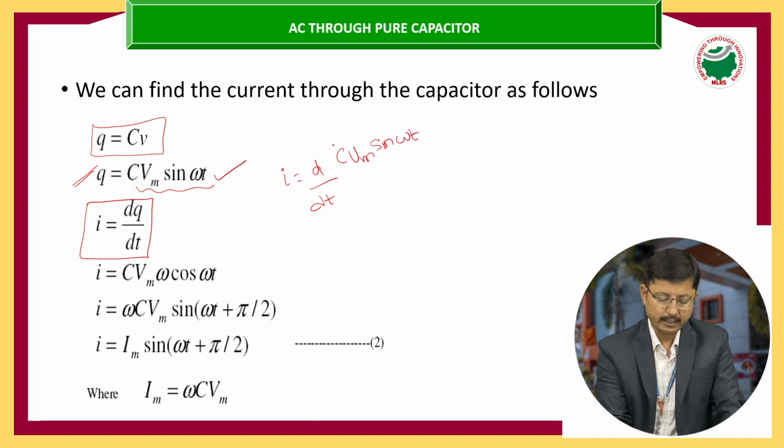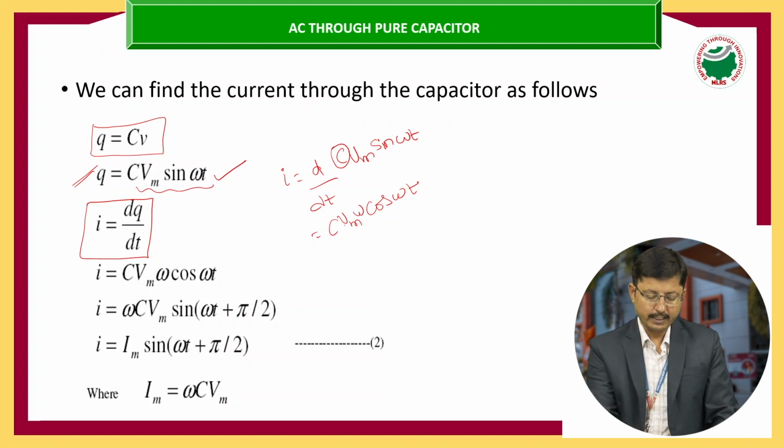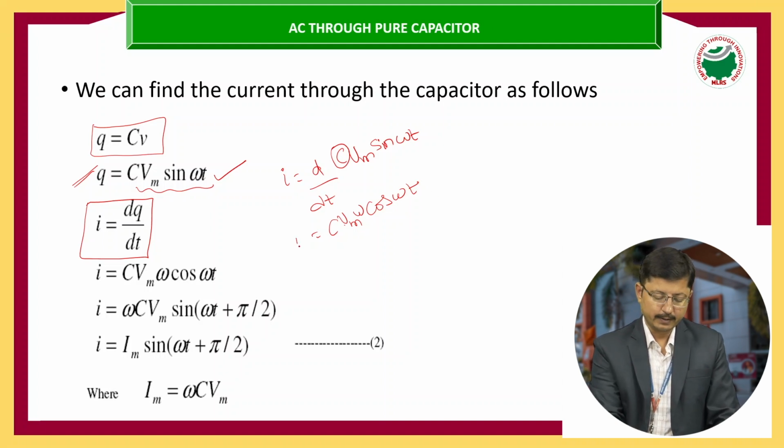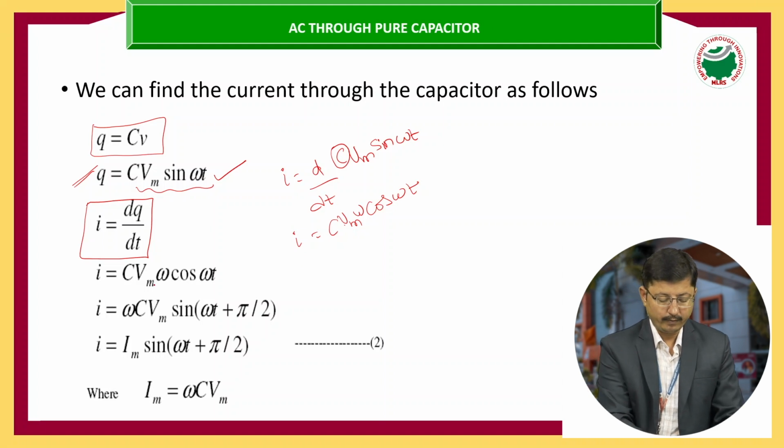C is a constant, so we can take it outside, and the derivative of sine is cos omega t into omega. Vm is also a constant. So the current expression is I equals C Vm omega into cos omega t.